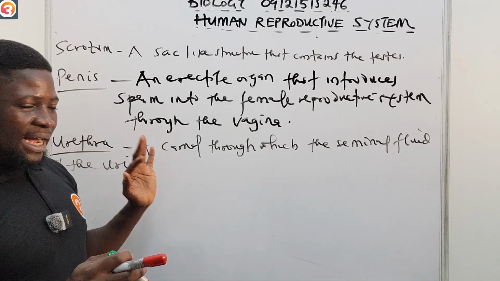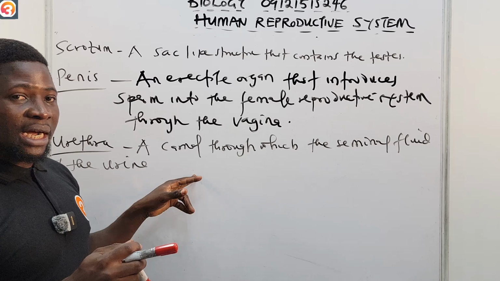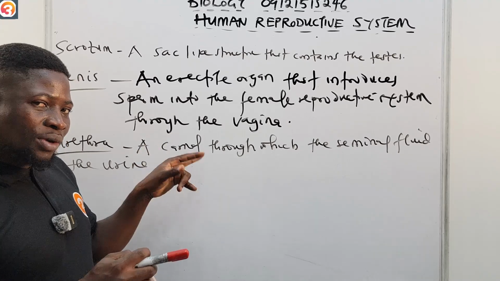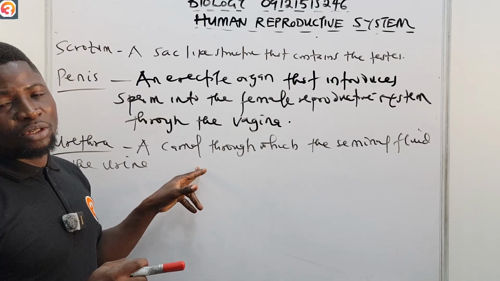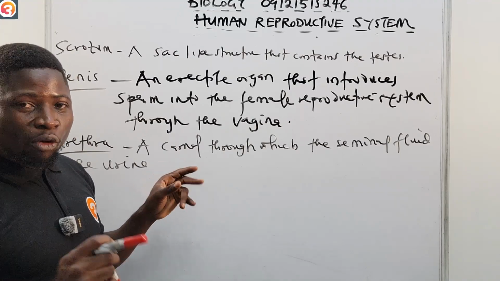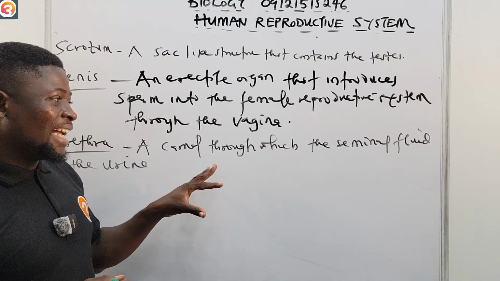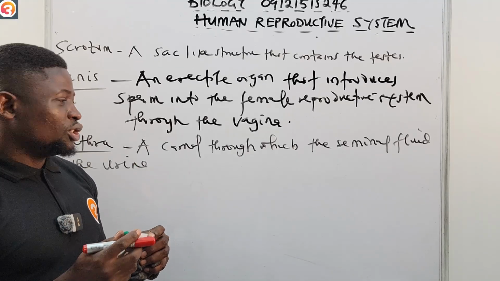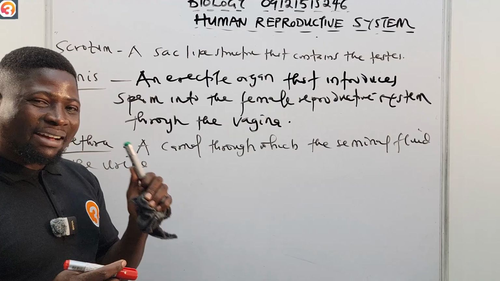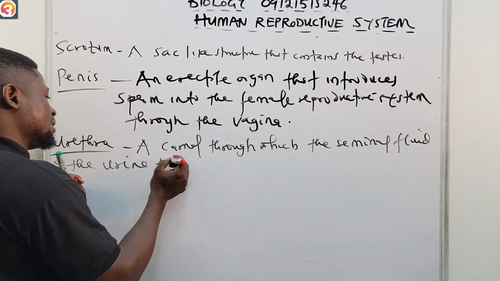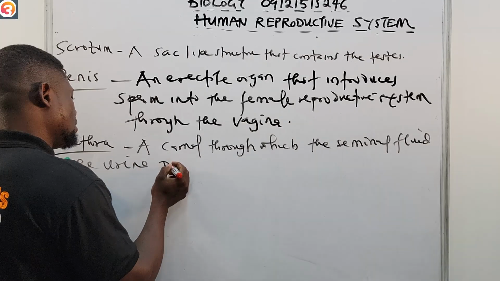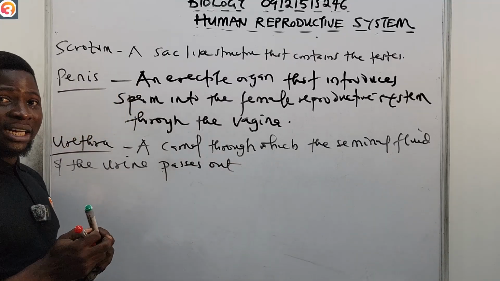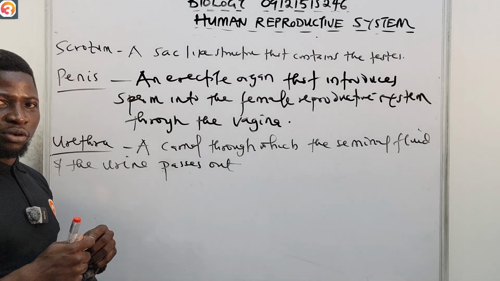The semen passes through the urethra through to the penis, and urine also passes from the urethra through the penis. So it has a dual function. Okay, that is the urethra. You will see a question on it right now from your questions.